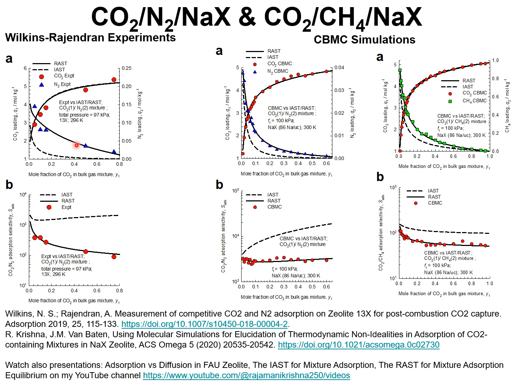As is the case with the Wilkins-Rajendran data, the CBMC simulations also show that the IAST severely overpredicts the adsorption selectivity of CO2 with respect to nitrogen, and we need to introduce activity coefficients in the RAST formulation to capture quantitatively the CBMC data on component loadings and selectivities.